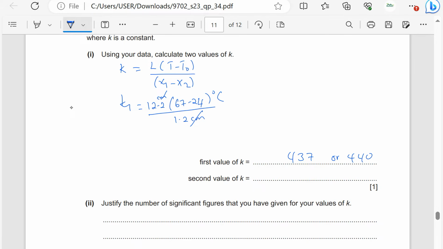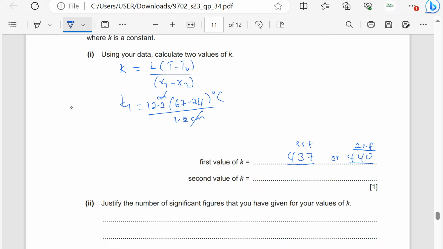It is not possible. So you can record this or more significant figures, but not less than 2, because this is 3 significant figures, this is 2 significant figures.